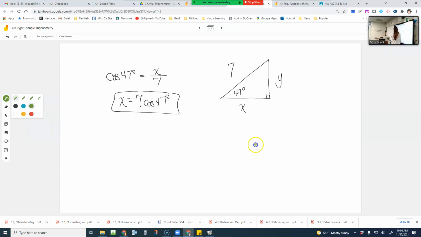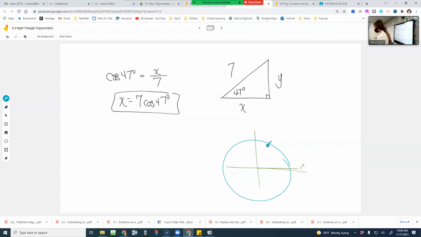Because remember, real fast, in green, because this is review, nothing to do with this problem, 1 degree is like that, and 90 of them makes that. What's 1 radian? 1 radian is about 57.3 degrees.